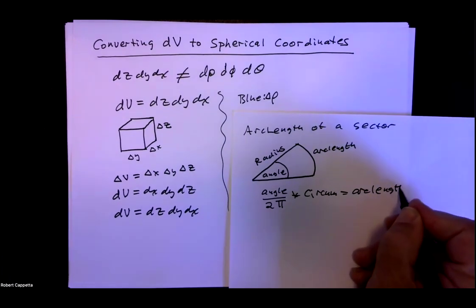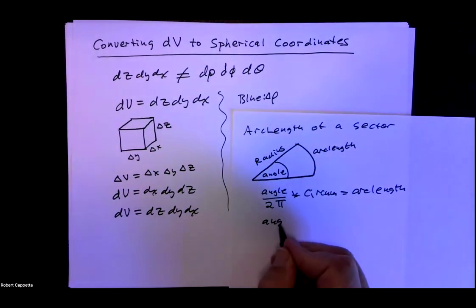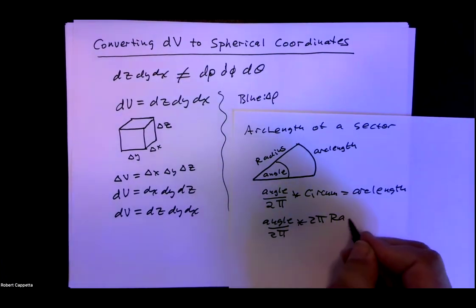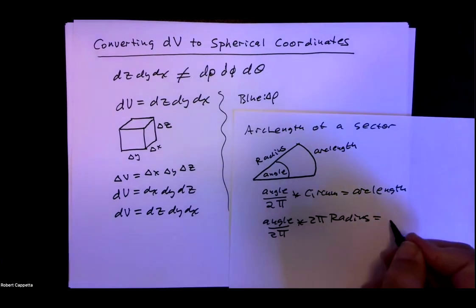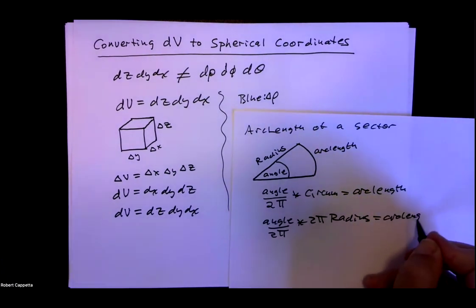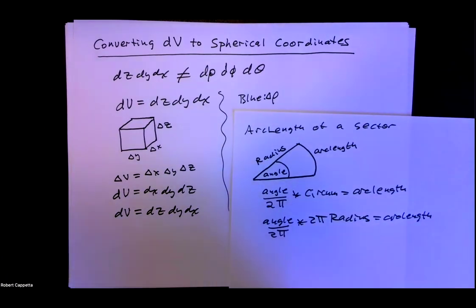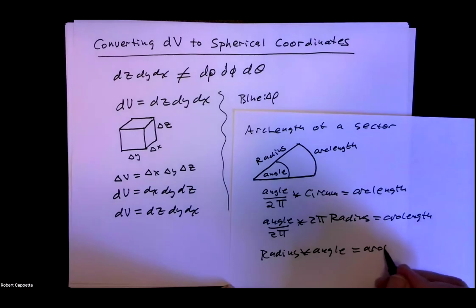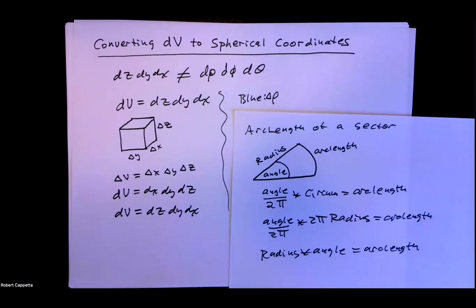Now, we remember the formula for circumference. We take angle divided by 2 pi times 2 pi r equals the arc length. So the 2 pi's divide out and you get the radius times the angle in radians equals the arc length. And in calculus, we just about always use radians. So radius times angle will get us the arc length.